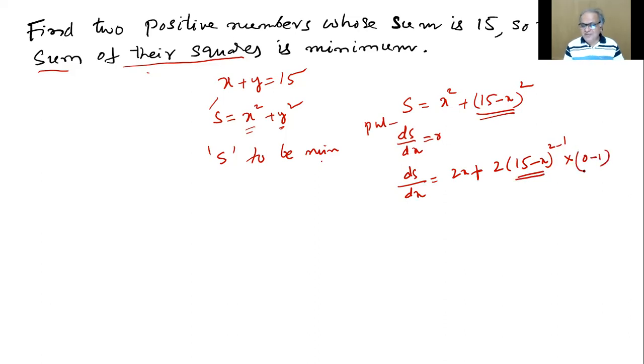This is a square function with 15 minus x inside, of the form a plus bx. So 2 into (15 minus x) into the derivative of this. Do you follow that? Yesterday we did so many.